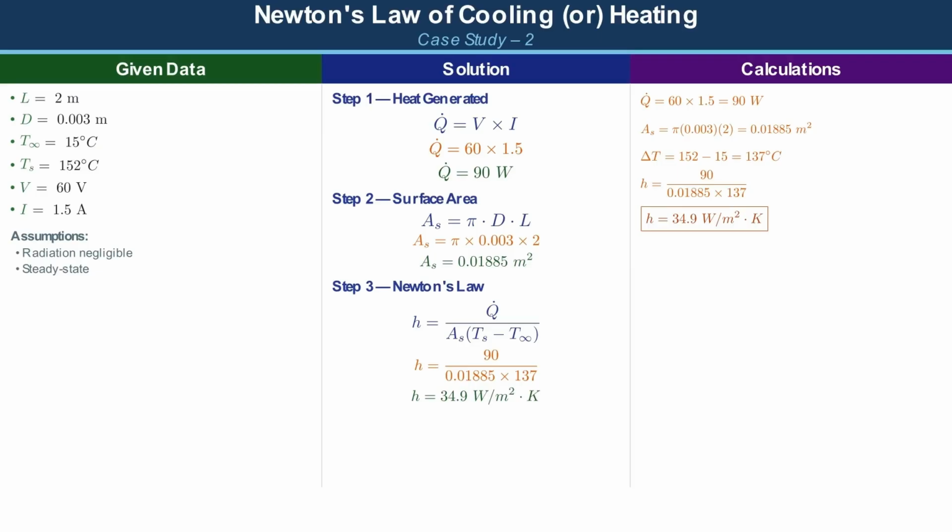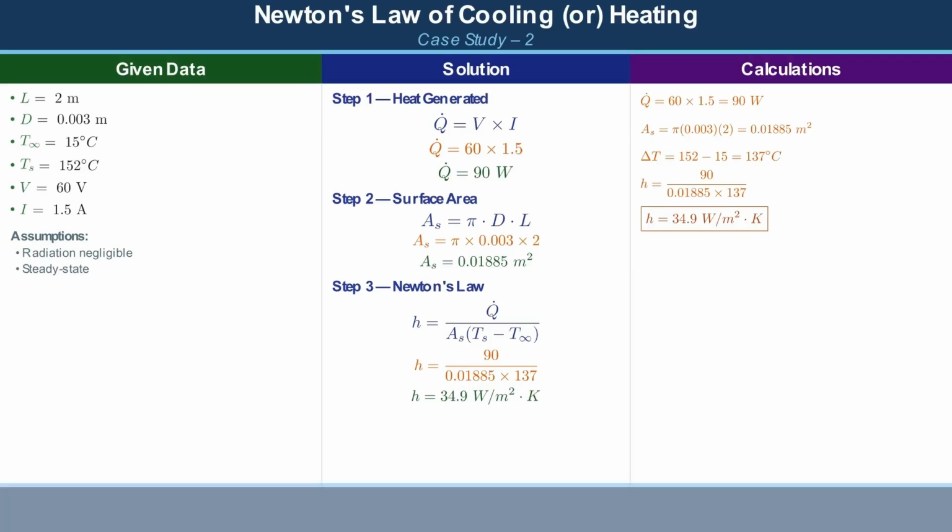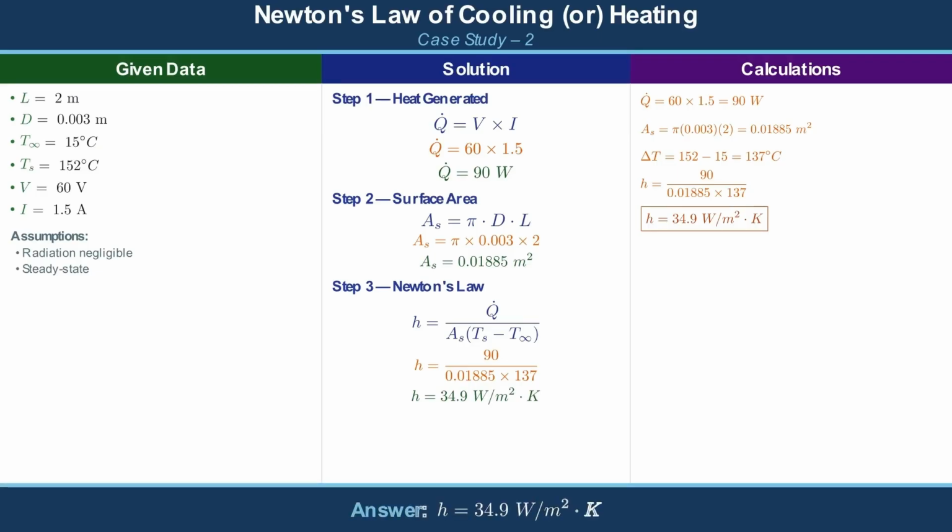This gives us a convection heat transfer coefficient of 34.9 watts per square meter per Kelvin. And the final result is highlighted in the calculations column. H equals 34.9 watts per square meter Kelvin. Therefore, the convection heat transfer coefficient between the outer surface of the wire and the surrounding air is 34.9 watts per square meter Kelvin.